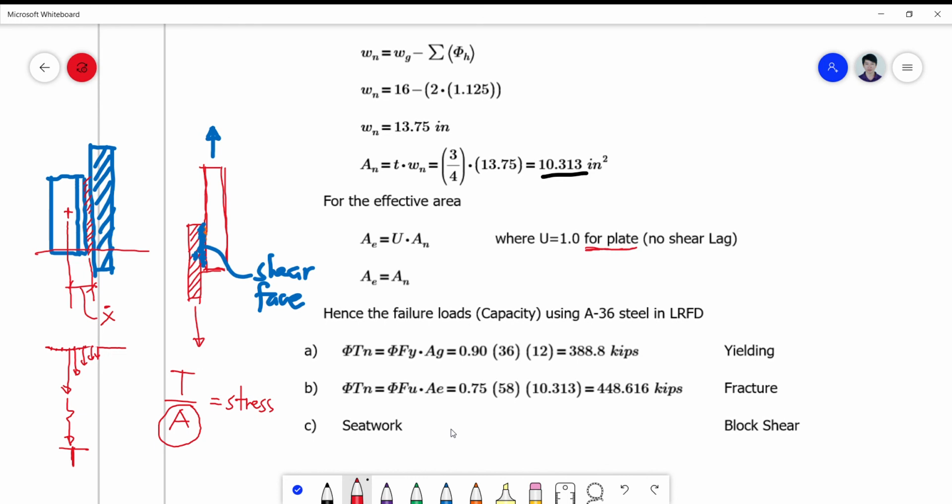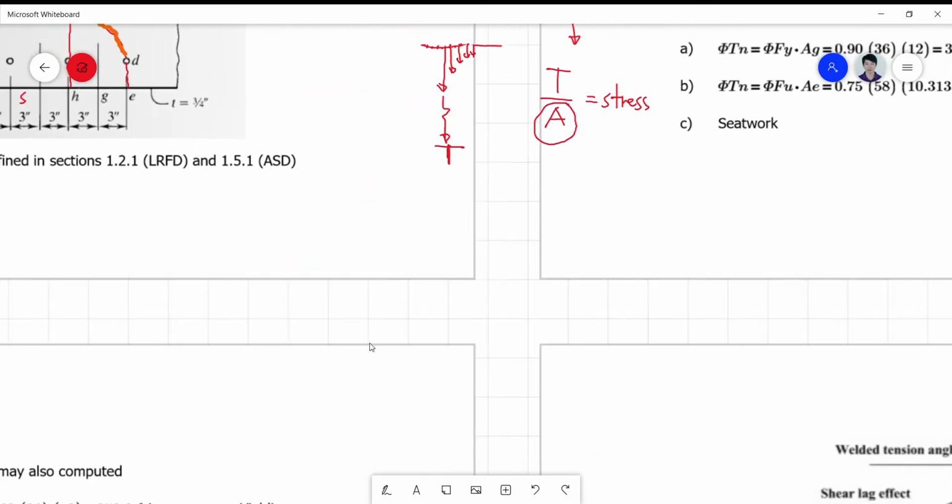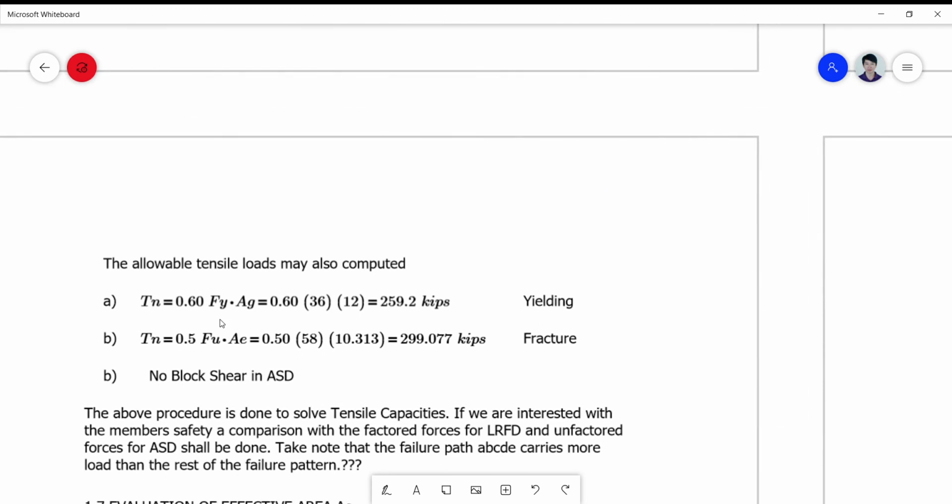For ASD, we just use again the formula derived a while ago. Tn is equal to 0.6 FyAg, and Tn is 0.5 FuAe. We just plug in the computed values we have solved, and this yields yielding and fracture, and there's no block shear in the ASD.